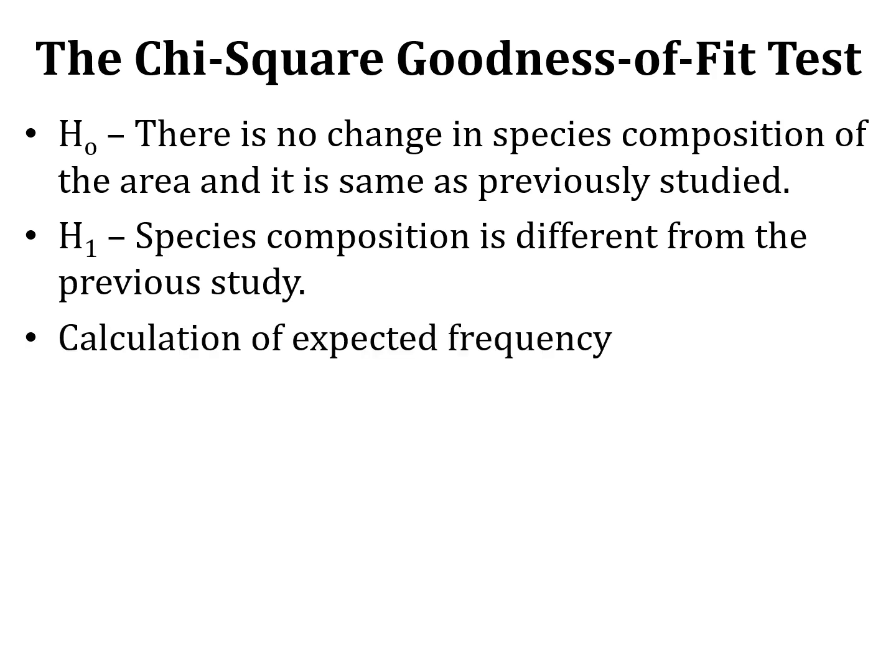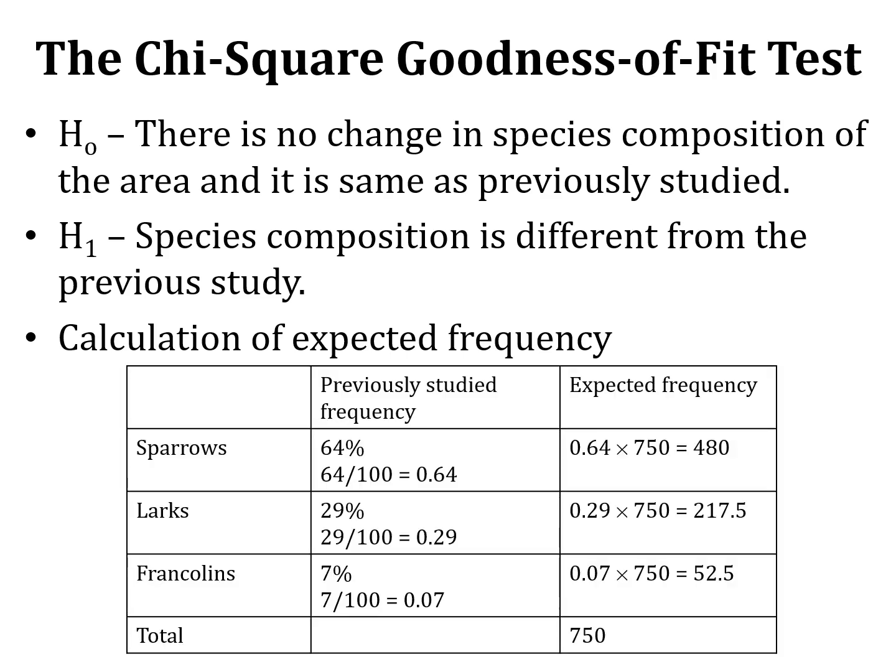Next step is calculation of expected frequency under our null hypothesis, and this is how we do it. So sparrows, according to the previous study, were 64% of all ground foraging birds, larks were 29%, and francolins were 7%. So this is how we calculate their proportions. 64% means 64 out of 100, which is 0.64, and then 29 out of 100, which is 0.29, and 7 out of 100, which is 0.07.